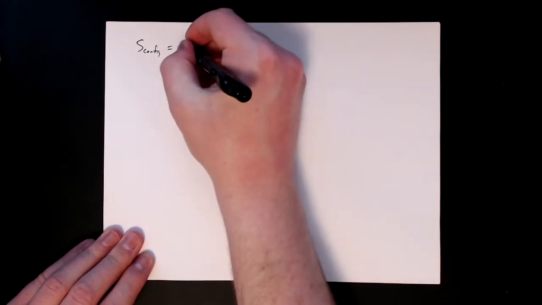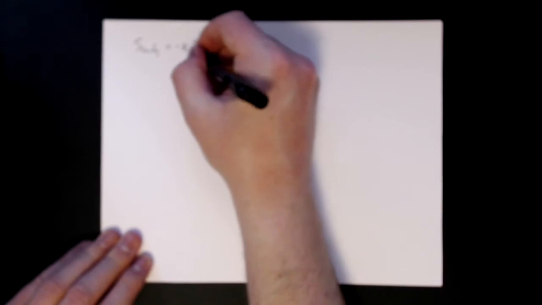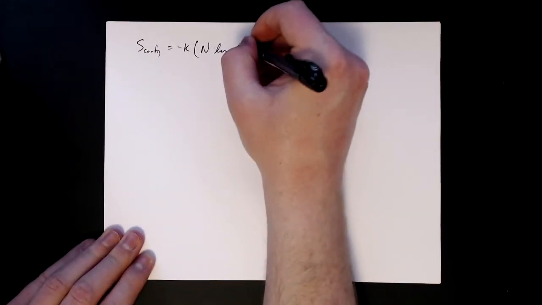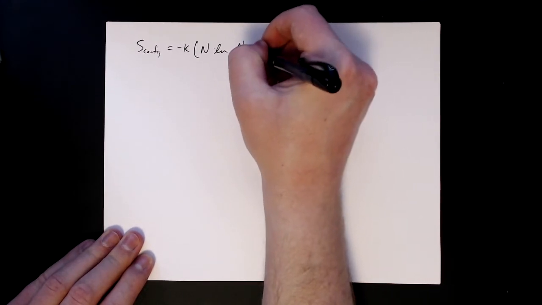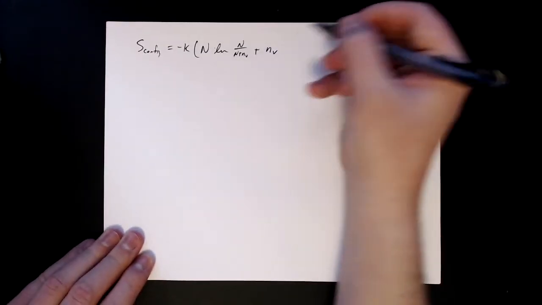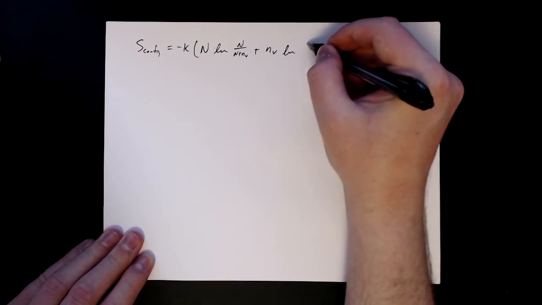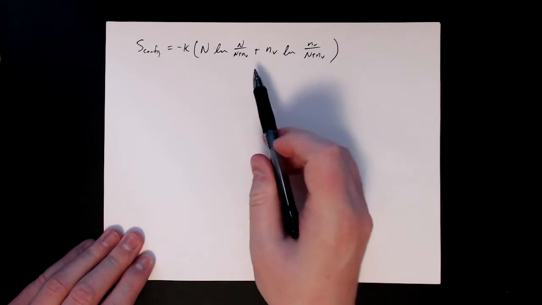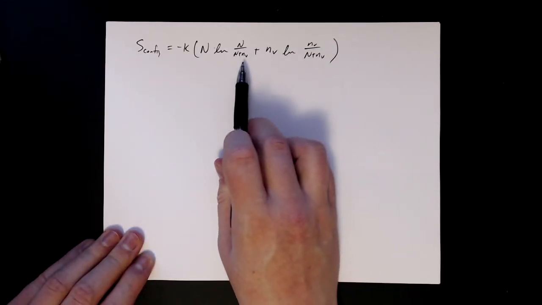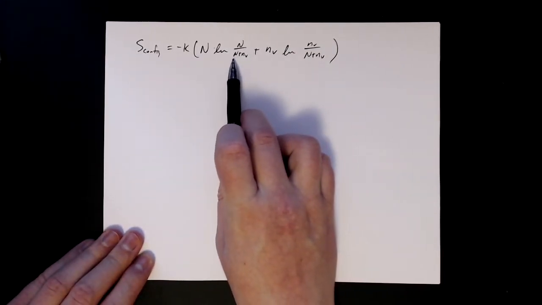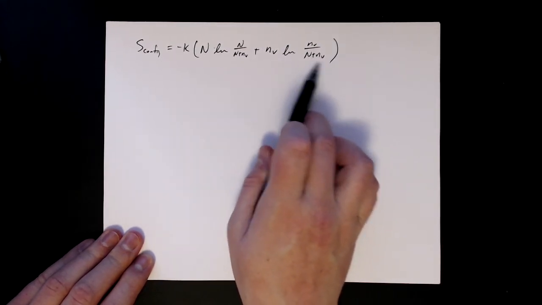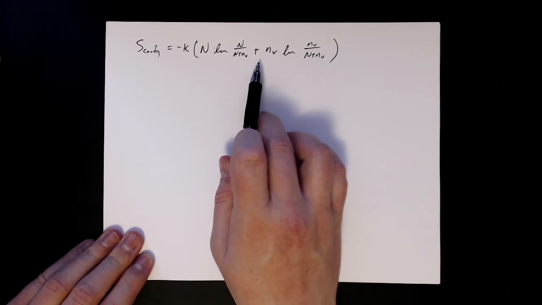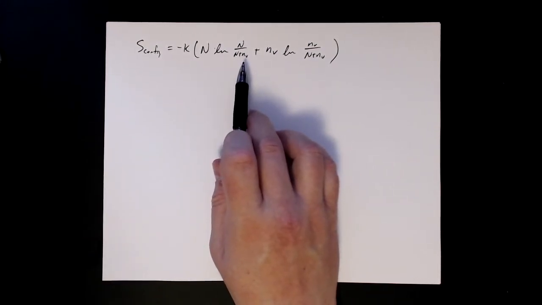And so we have minus k, Boltzmann's constant, times capital N times natural log of N over N plus n_v, plus n_v times natural log of n_v over N plus n_v. So again, that was the mixing between the number of vacancies and the total number of sites, capital N. And this was the Stirling's approximation of our factorial solution. So that's what we have here.